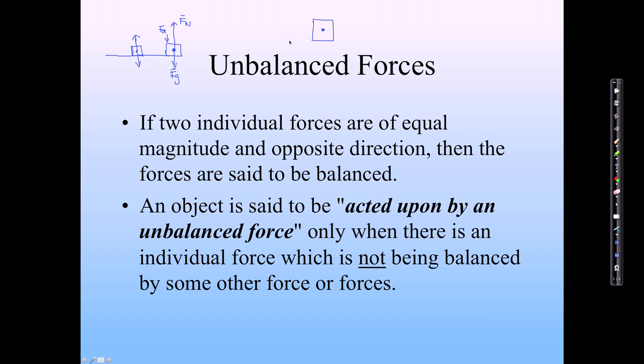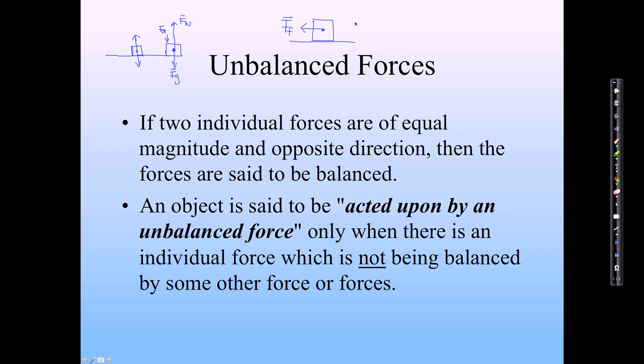For instance, if we try to push an object across a floor, there'll always be a frictional force. However, that frictional force is subject to some maximum, which is dependent on the normal force acting on the object and the coefficient of friction between the object and the surface.